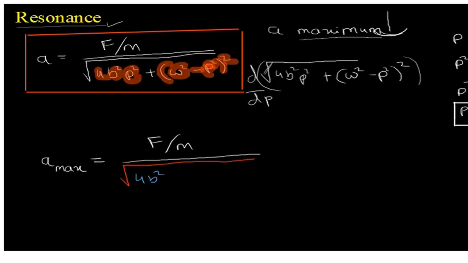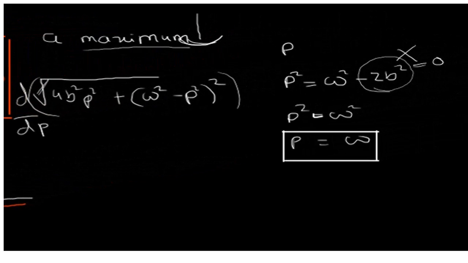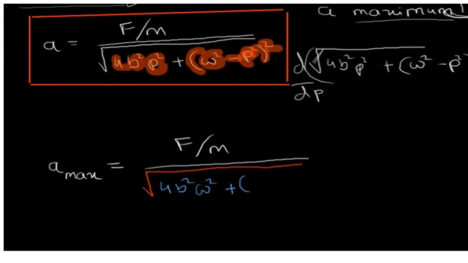Now we have to write down p square, but here we have considered p is equal to omega, so we can write it as omega square plus into bracket omega square as it is minus, instead of p we have to take omega square whole square.